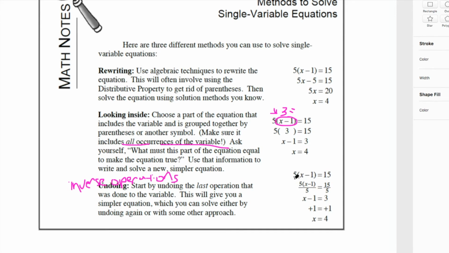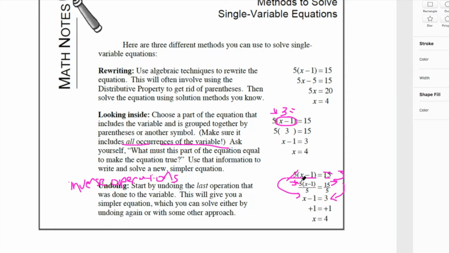So the last thing that happens to x here, so first x gets 1 taken away from it. The last thing that would happen to x is the distribution part, the 5. So what you can do to get rid of that first is divide this side by 5 and divide that side by 5. So this is the one where oftentimes you guys solve this way. You solve by undoing because, right, and then I get my 3 down there, and then I get x minus 1 here, so I can sort of jump to this step right here.